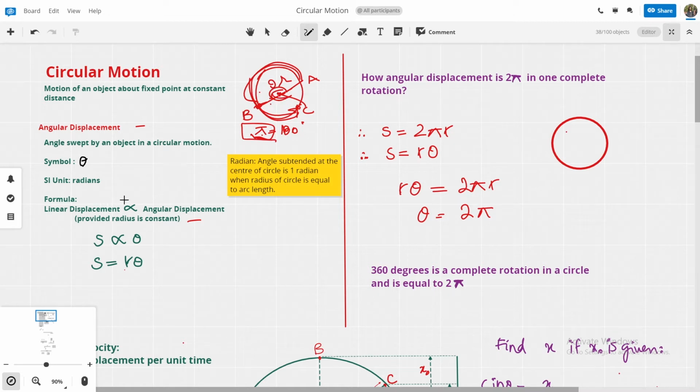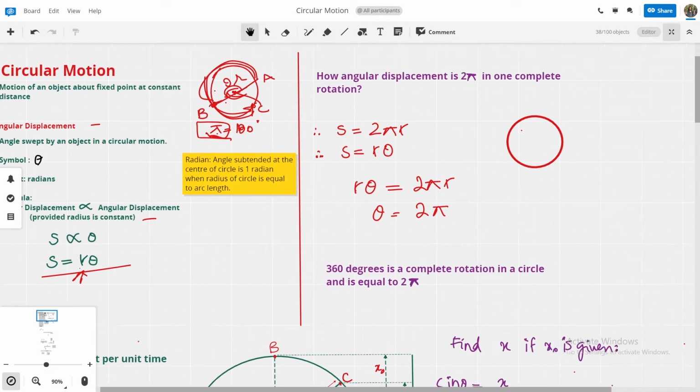So linear displacement is directly proportional to angular displacement. Linear displacement is represented by S and angular displacement by theta. So whenever we have to remove this proportionality sign, we insert a constant, in this case, which is R. So the formula comes out as S is equal to R theta.